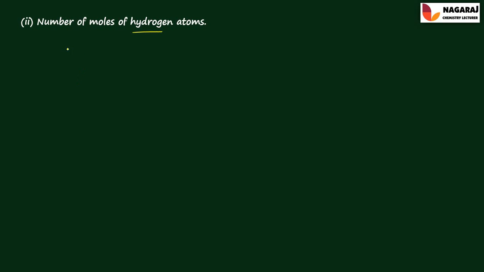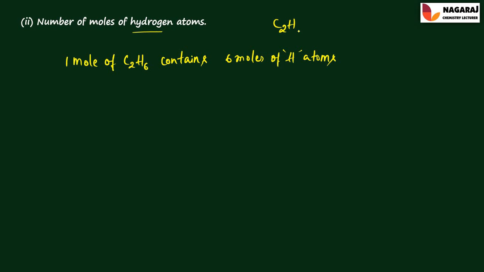So very simple problem. 1 mole of C2H6 contains 6 moles of hydrogen atoms, because the formula for ethane is C2H6, so it contains 6 hydrogen atoms.